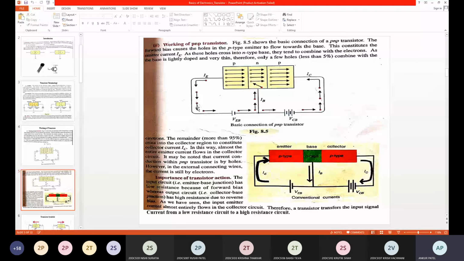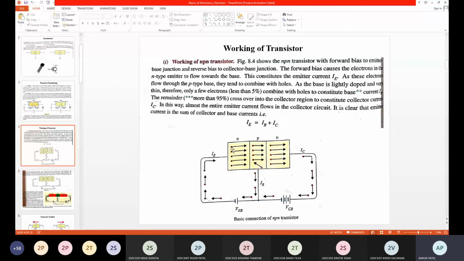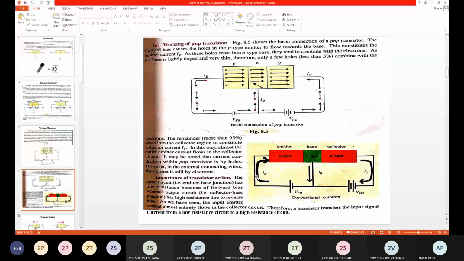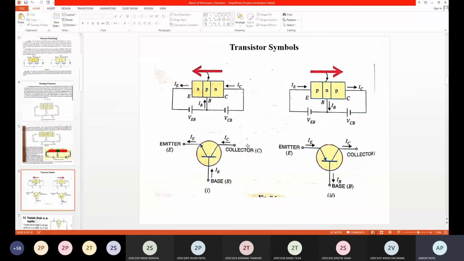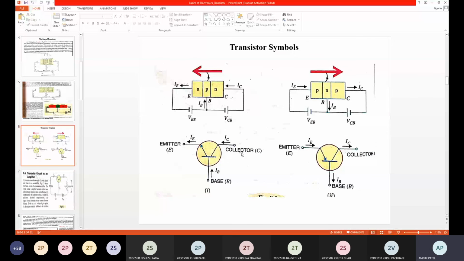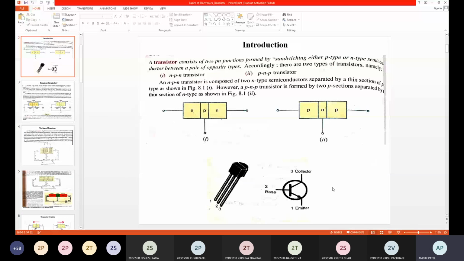This is the sign for electrons: this red dot is for electrons, and this circle is for holes. The red circle shows the direction of electrons given here, and you can consider the direction of current reverse, from positive to negative. We'll see in the next lecture how current flows in transistor circuits.